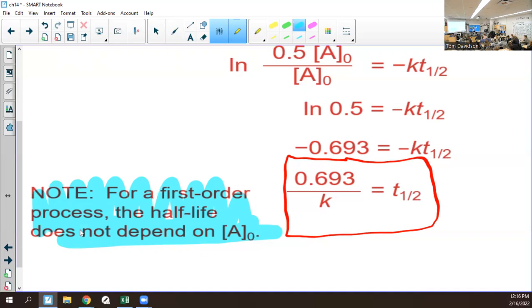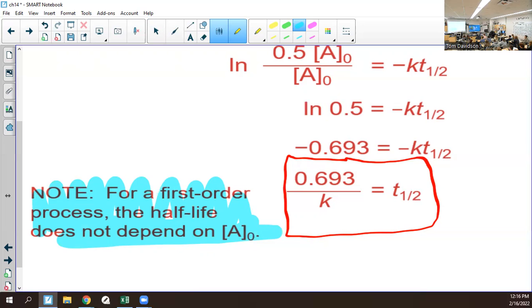Okay, for a second order, it does matter, because second order, we start getting into exponents and things like math blows up. You okay with that? So we have a half-life for a second order. We won't spend as much. I mean, we'll do it, but I'm not going to test it.